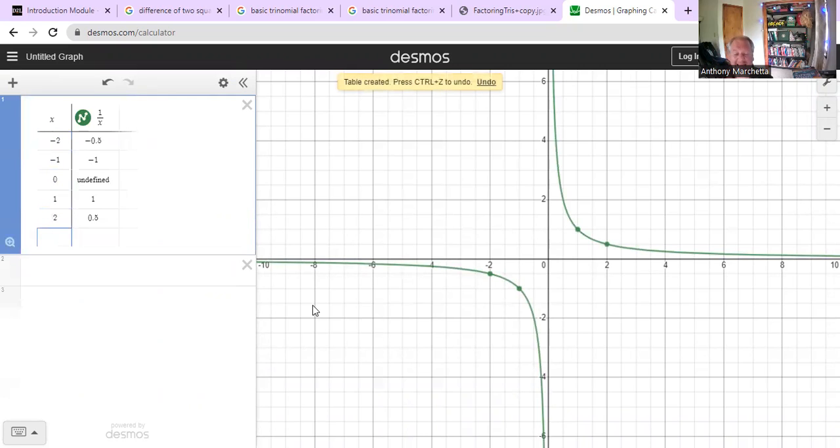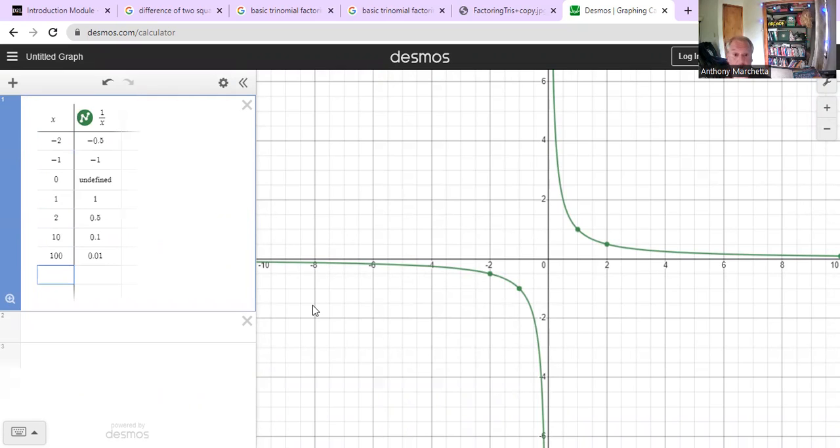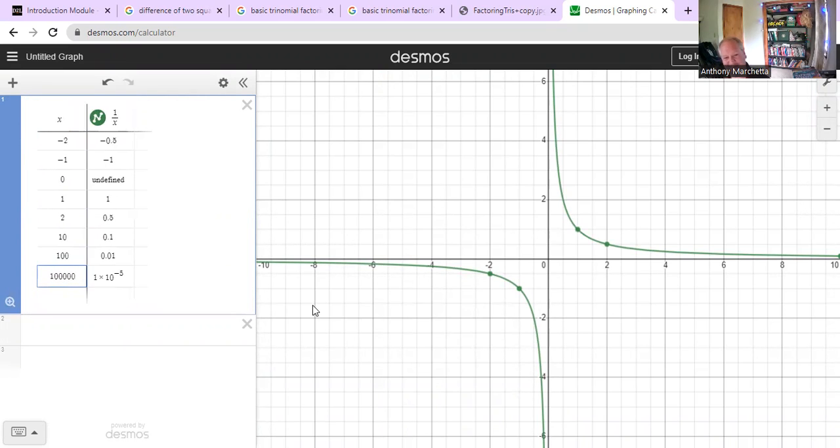Now, I'm going to let x approach infinity. Watch what happens. Let's let x be 10. We get 0.1. Let's let x be 100. We get 0.01. Let's let x be 100,000. I'm trying to approach infinity. I'm trying to get closer to infinity. Look at what happened. The answer is 0.0005, right?